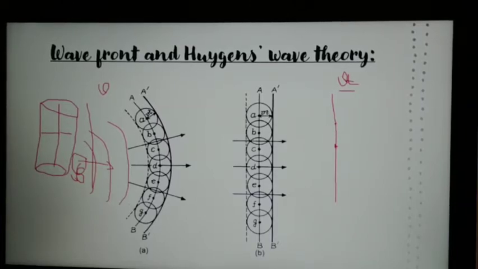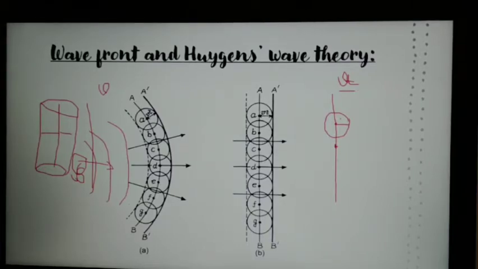To make the next wavefront after a time t, you have to make spheres. In 2 dimensions it is a circle, but it is actually a sphere. From this point source, you can make a sphere whose radius will be Vt.